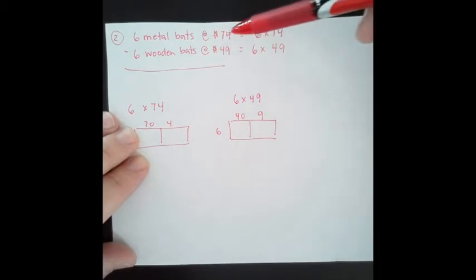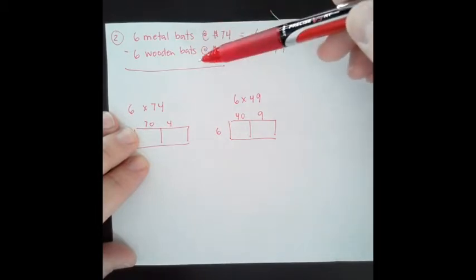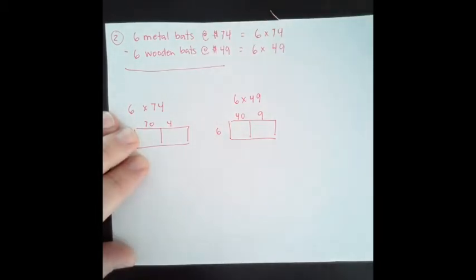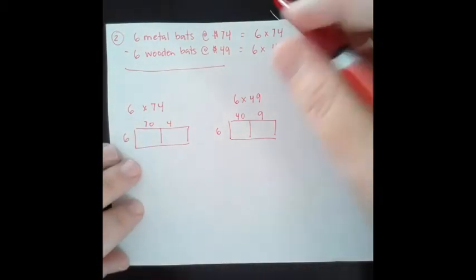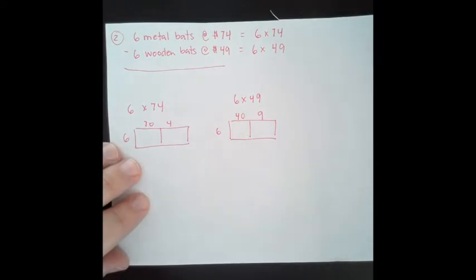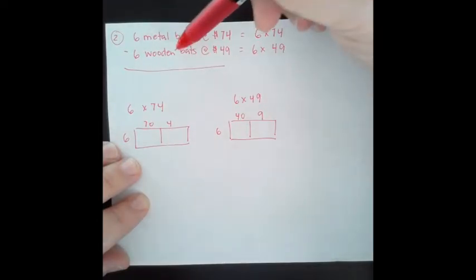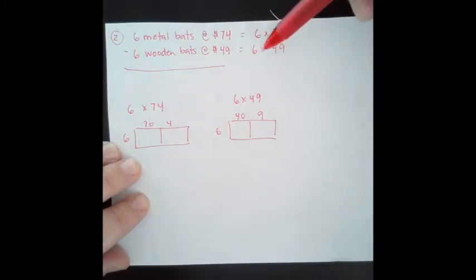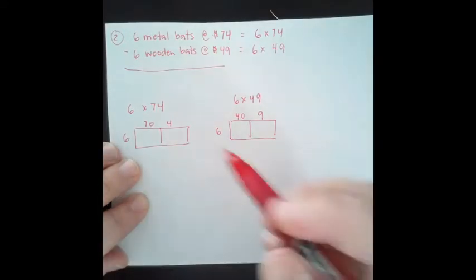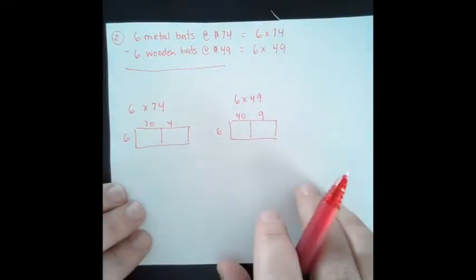So we're going to take the cost of the metal bats, take away the cost of the wooden bats to find how much money he's going to save by buying the wooden bats. So again, 6 metal bats at $74 a piece. That's 6 times 74. 6 wooden bats at $49 a piece would be 6 times 49. So I'm going to use partitioned rectangles again.